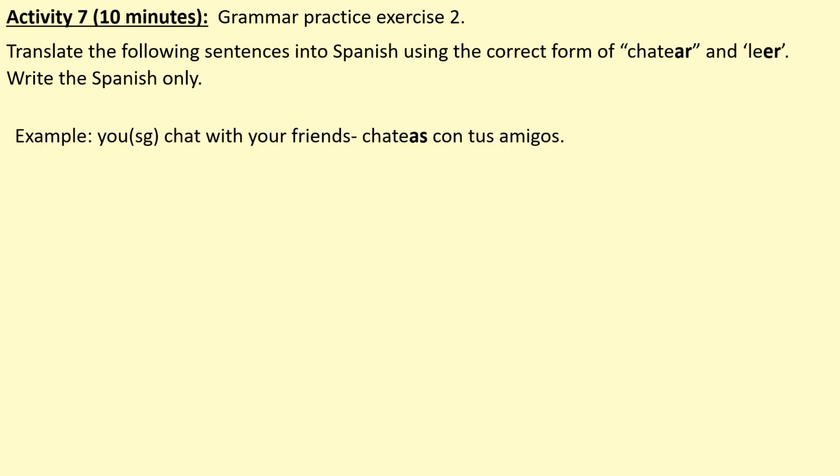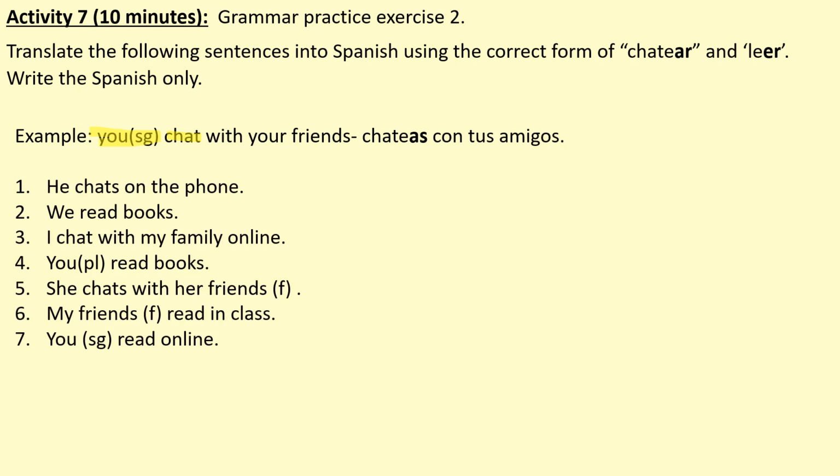Example, tú, chat with your friends. Okay, I know that chatear is an AR verb and I want the second person singular, the tú form, so chateas con tus amigos. So, off you go, pausing your video now.